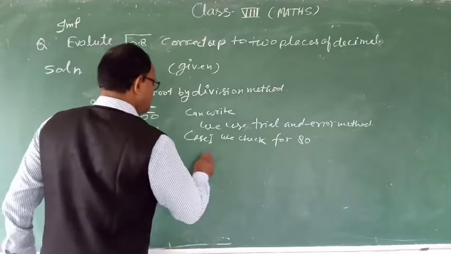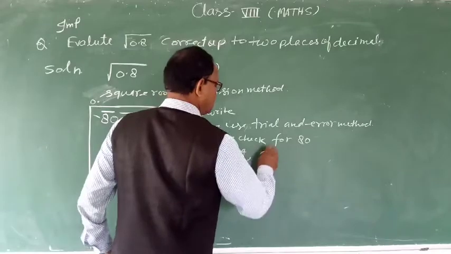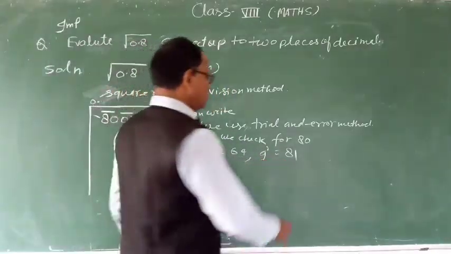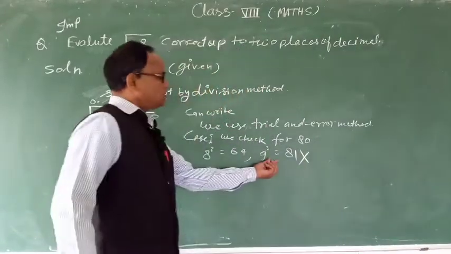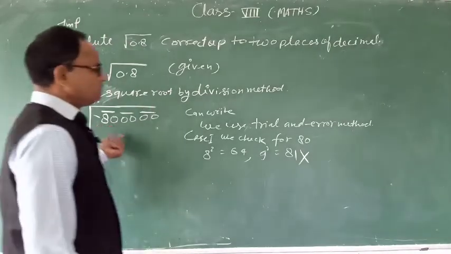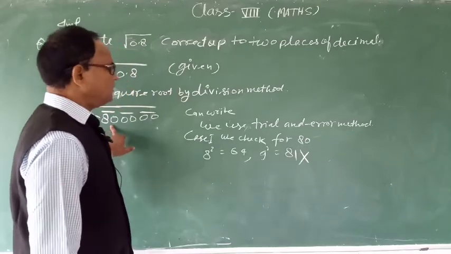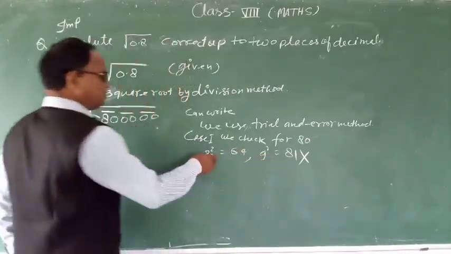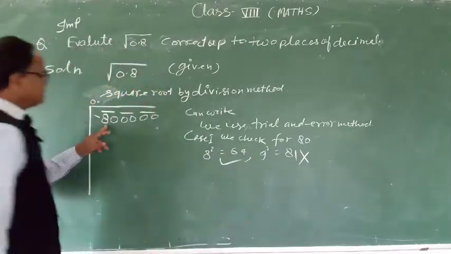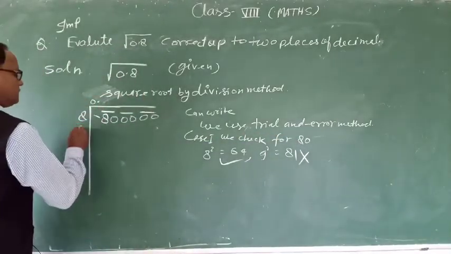Here 8 square is 64 and 9 square is 81, which is greater than 80, so 9 square 81 is not suitable for 80 because 81 is greater than 80. But 8 square 64 is less than 80, therefore it is suitable for this solution of 80. Here 8.